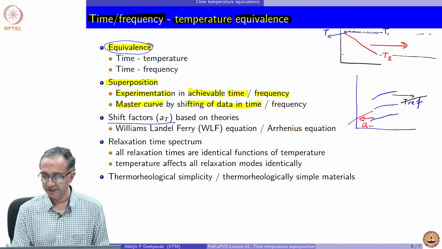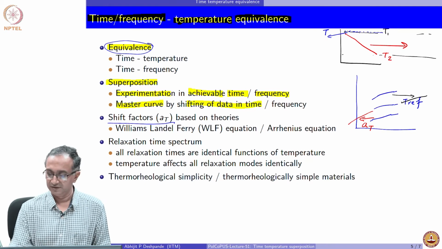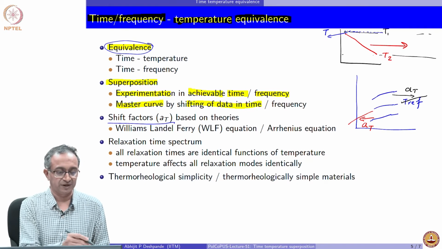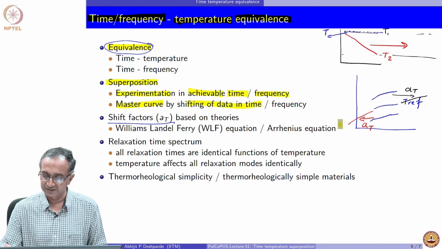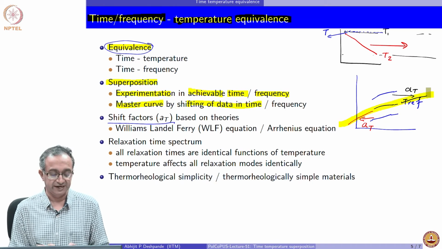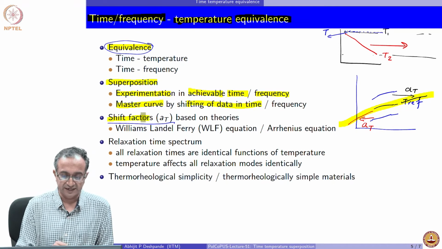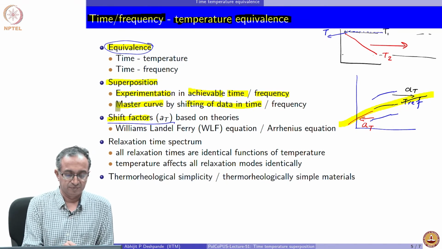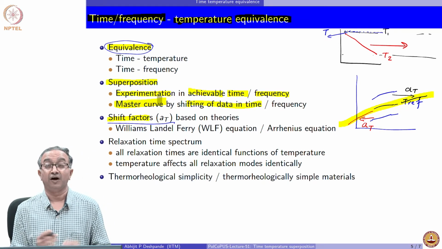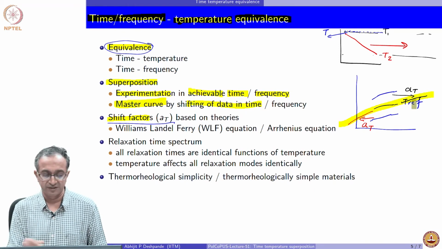So, this is also aT and this is also aT, and then what I have got effectively is a master curve. So, this is the idea of shifting data and getting a master curve, and how much I can shift by will depend on the temperature difference.